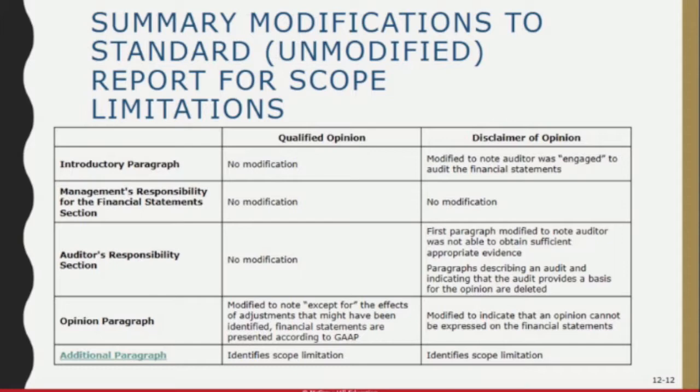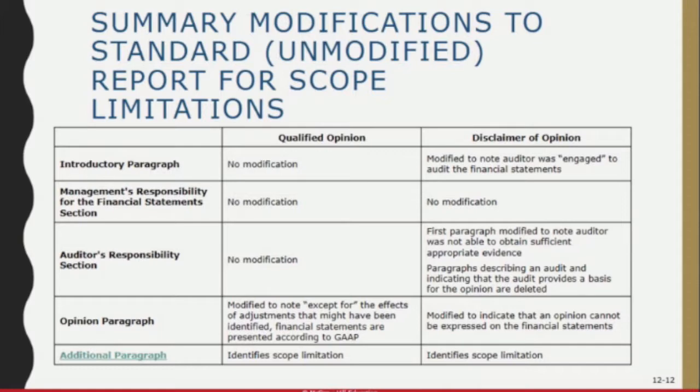Responsibilities for management doesn't change, it's still their financial statements. However, the auditor's responsibility, the scope section, which describes the scope of the audit, that is modified. The first paragraph is modified to note that the auditor could not obtain sufficient and appropriate audit evidence, because they couldn't.